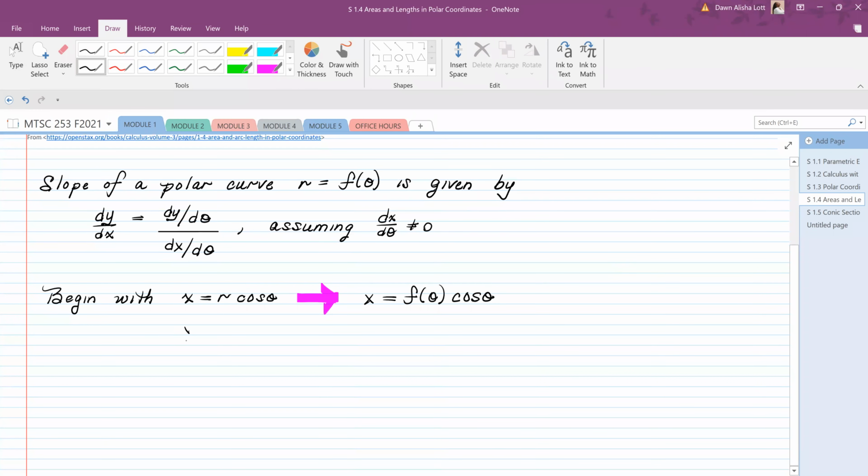And y is equal to r sine theta. So that implies that y is equal to f of theta times the sine of theta. Okay, so now we got a little work to do.